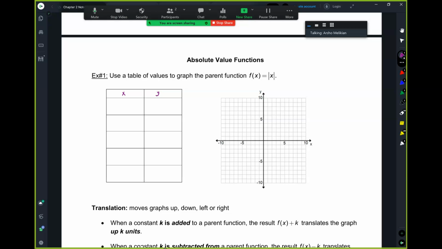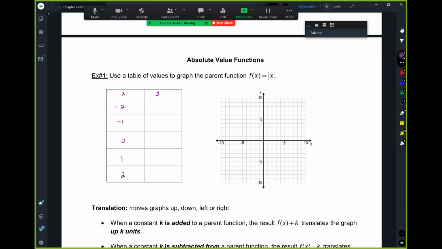You always want to plug in 0, because that's a good number to have. That's the y-intercept. And then you always want some negatives and some representative positives. So I like, for example, -2, -1, 0, 1, 2. You've got some positives, you've got some negatives, you've got the 0. You can plug in -754, but who wants to do that?